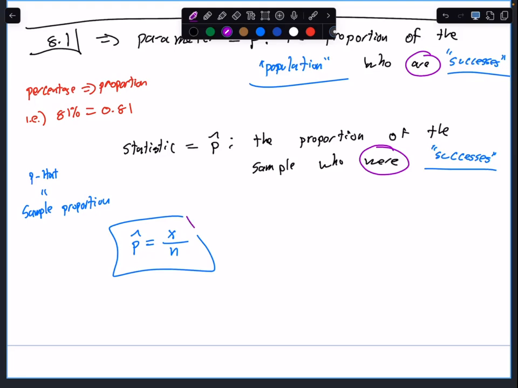For example, if X is 300 and N is 500, then P hat would be 300 over 500, which would be 0.6. That's how we write it down.